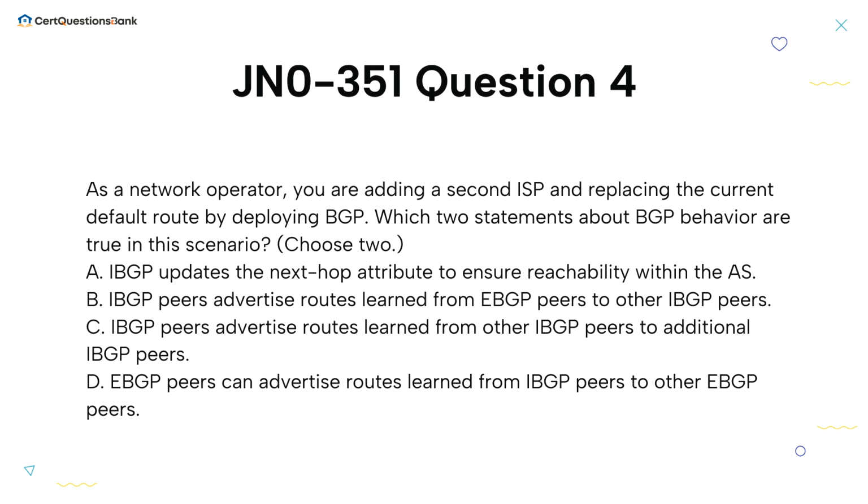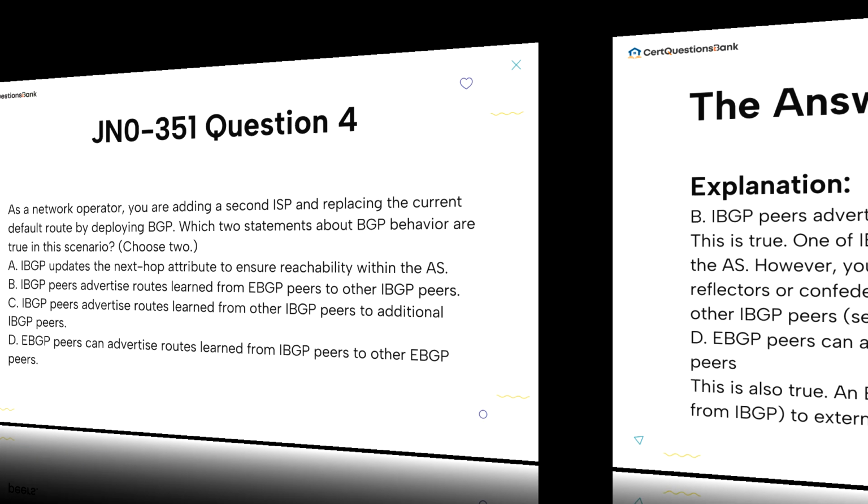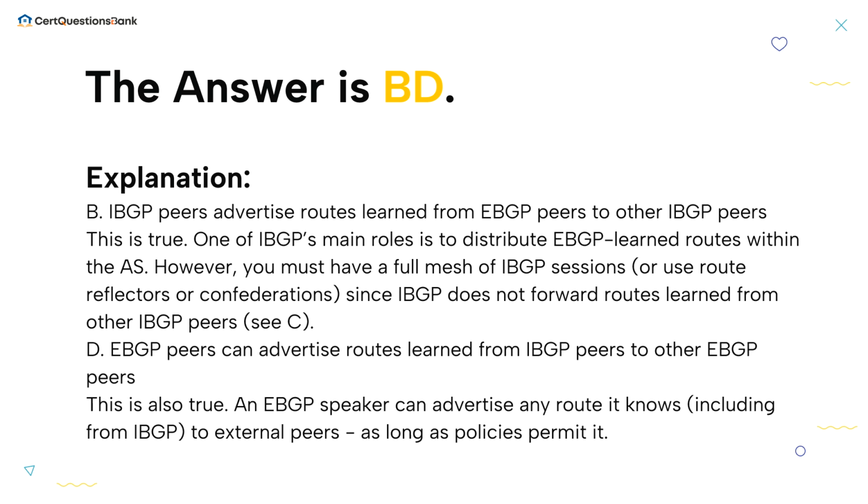B. IBGP peers advertise routes learned from eBGP peers to other IBGP peers. C. IBGP peers advertise routes learned from other IBGP peers to additional IBGP peers. D. eBGP peers can advertise routes learned from IBGP peers to other eBGP peers. The answer is BD.